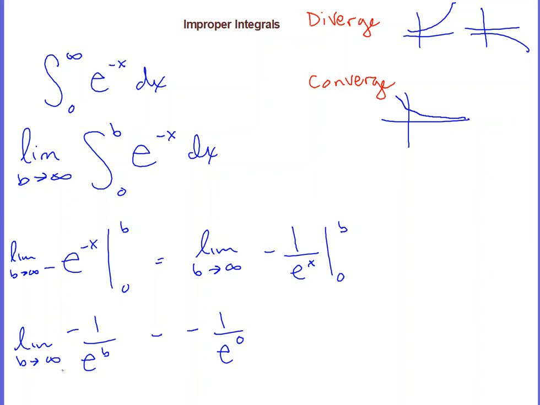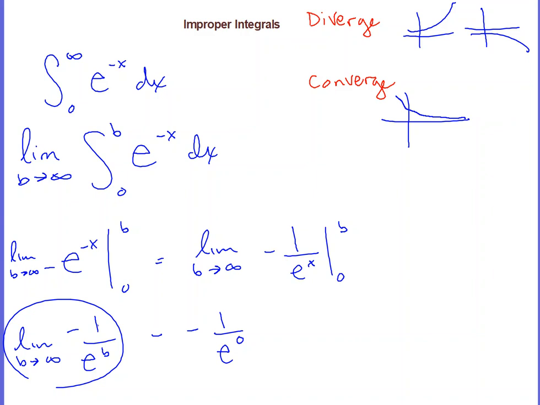What is this as b approaches infinity? So b is infinity. It's really, really big. If we take e to something that's really, really big, it's going to be really, really big. So I've got something small, negative 1, over something really big.